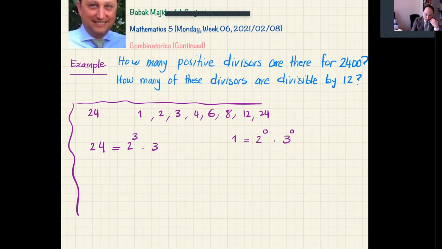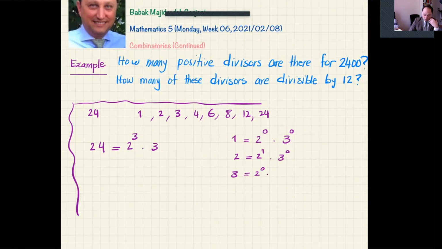Yes, let me, for example, look at 2. 2 has the same structure as well. 2 can be written as 2 to power 1 multiplied by 3 to power 0. And then, for example, what is 3? 3 is 2 to power 0 multiplied by 3 to power 1. So let me emphasize the 1 here as well.